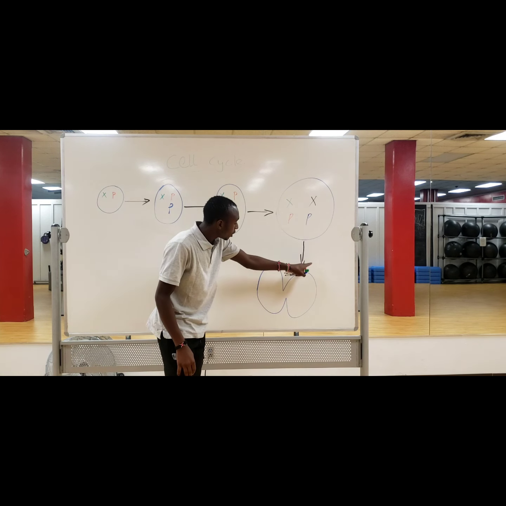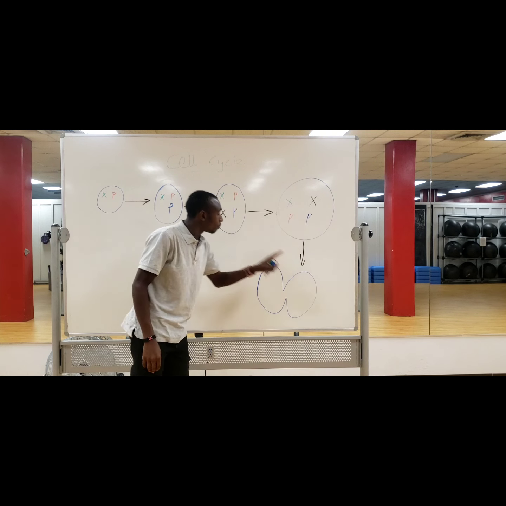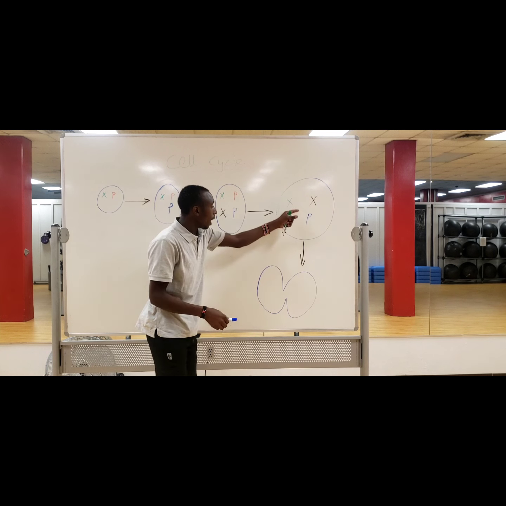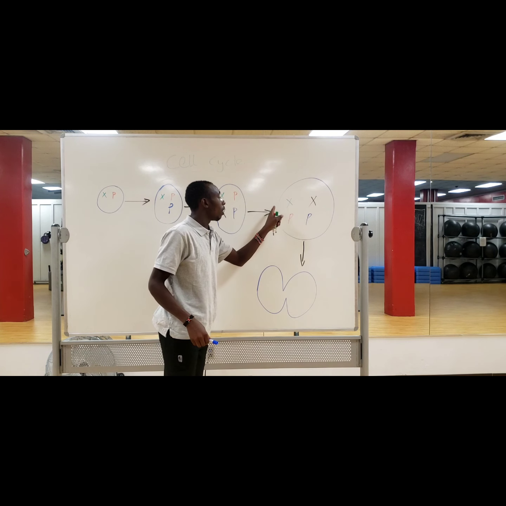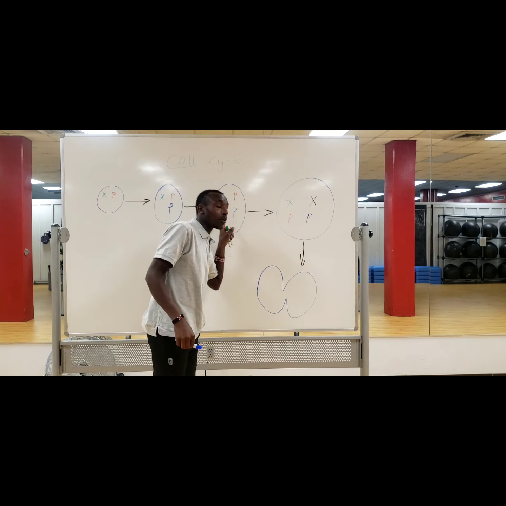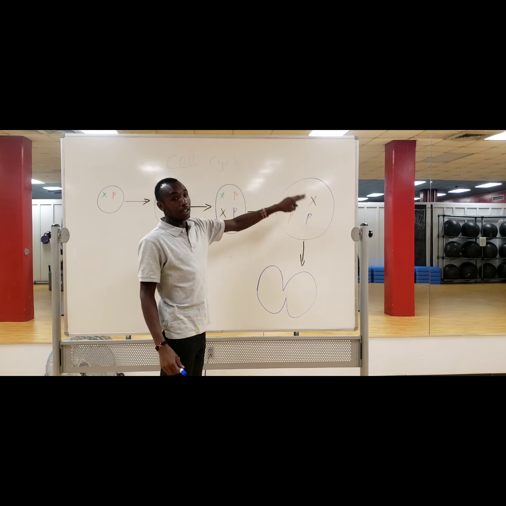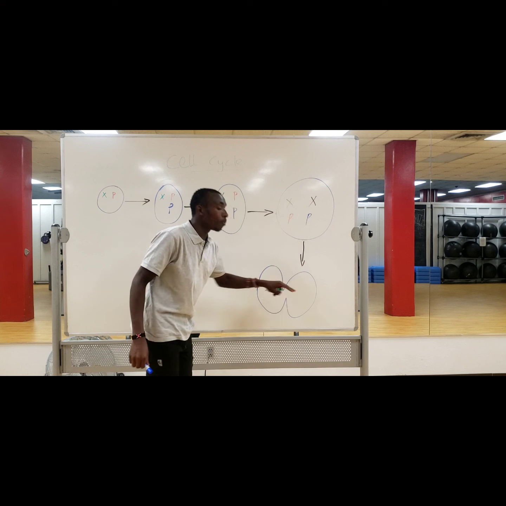So after going through this process, these proteins and the chromosome that were here will have half of them come to the bottom cell. So half of the proteins and half of the chromosomes, which are in the top cell, will come to the bottom cell.